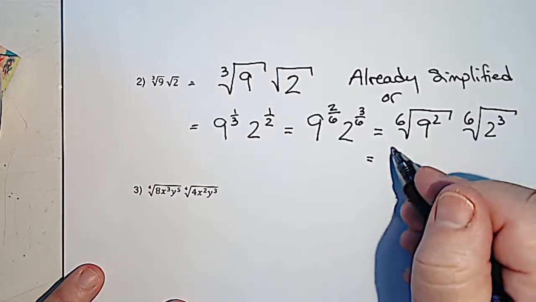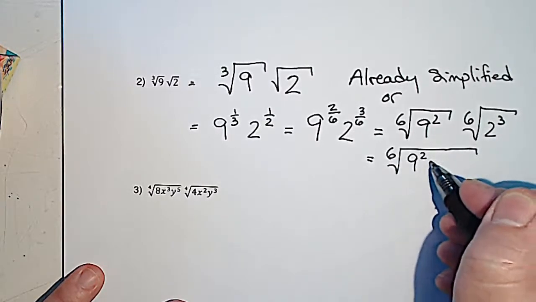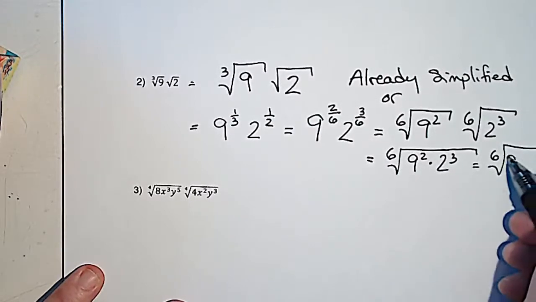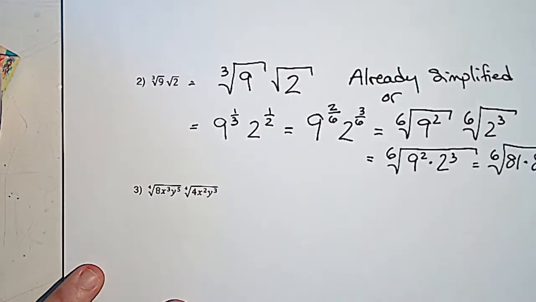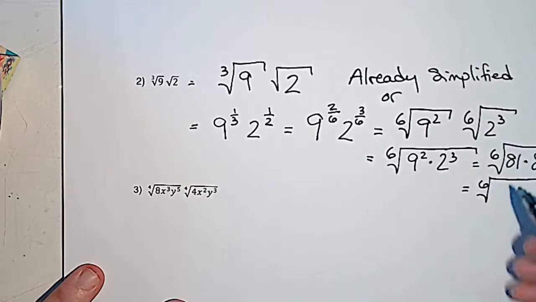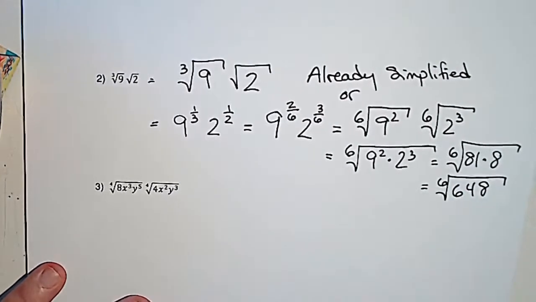So altogether, I've got the 6th root of 9 squared times 2 cubed, which is the 6th root of 81 times 8, which is the 6th root of 648. Oh, sorry, you can't quite see that.